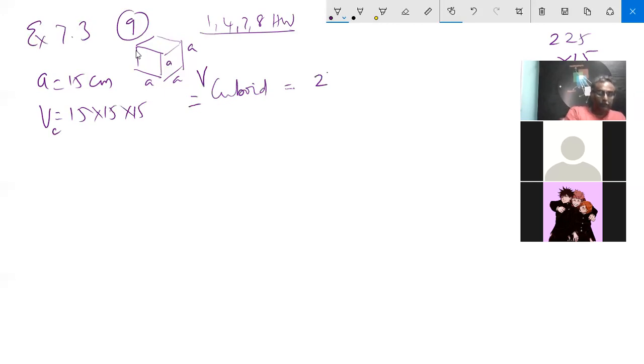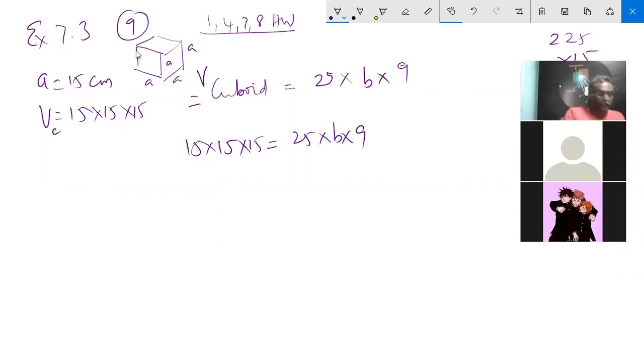So 15 into 15 into 15 is equal to 25 into b into 9.